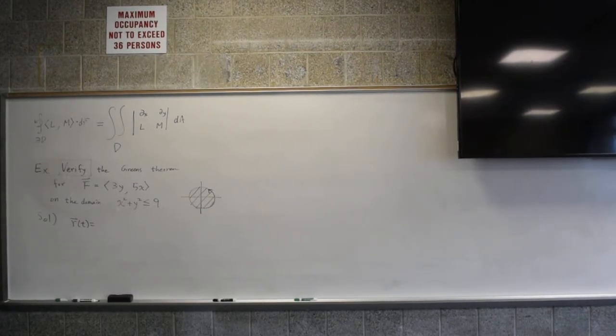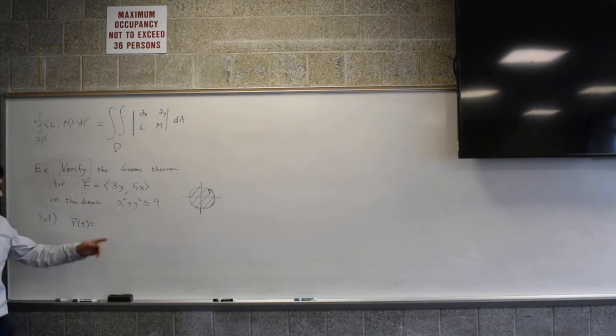Do you remember how to parameterize the unit circle? Okay, hint. The unit circle is parameterized as cosine t comma sine t. You remember that, right?